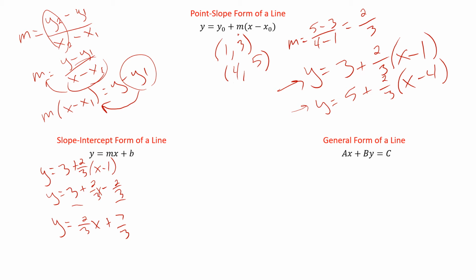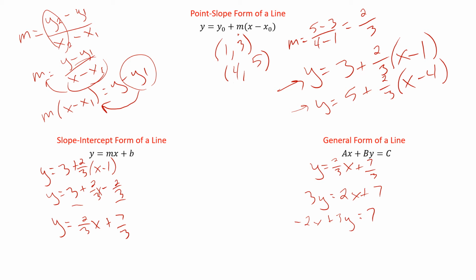So if we took our equation that we have, y equals 2/3 x plus 7/3, the first thing I would do here is multiply by 3. We have that common denominator already, so let's multiply everything by 3. 3y equals 2x plus 7. Then we'd move the x over. So negative 2x plus 3y equals 7.